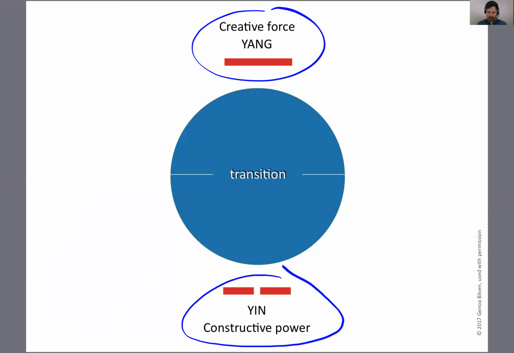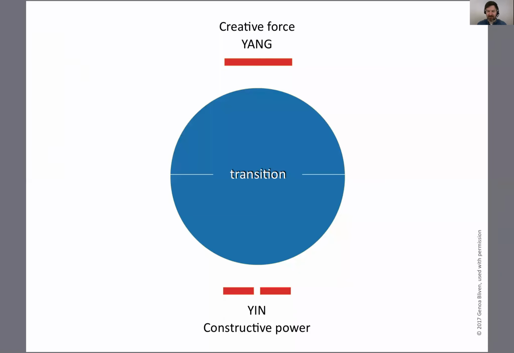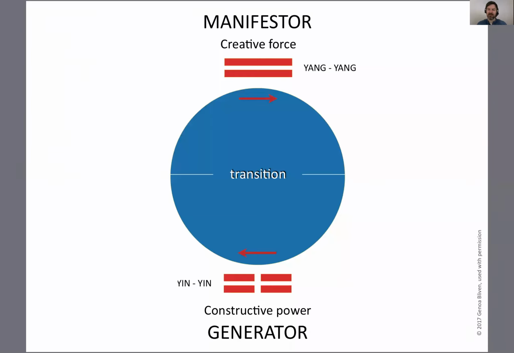On the other end of this wheel, of this circle, the yin has this quality of being open to something, and that something which the yin is open to is this yang creative force which comes sometimes like out of the blue, like a flash, like a lightning, and it brings something new, something that the yin is open to and can take into itself to begin generating, to begin building this constructive power in itself.